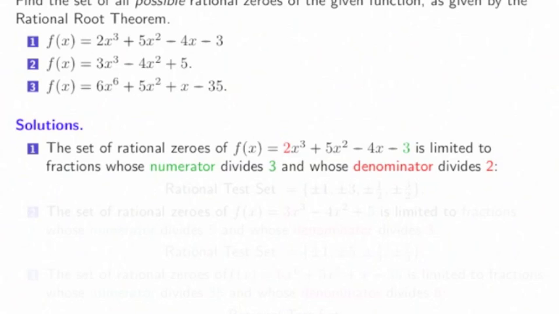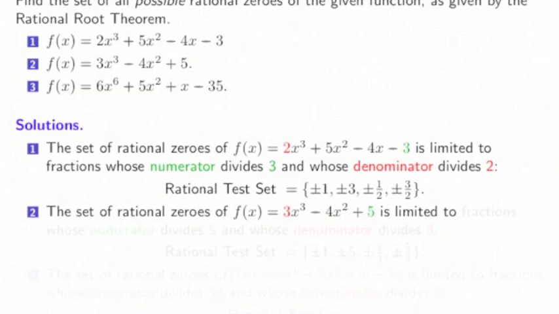So all of these fractions are going to have numerators 1 or 3 and denominators 1 or 2. This gives us 1 over 1, 3 over 1, 1 over 2, and 3 over 2. If we recognize that the roots might be negative, then we have this set of 8 numbers, plus or minus 1, plus or minus 3, plus or minus a half, plus or minus 3 halves. Let's go on to the next problem.